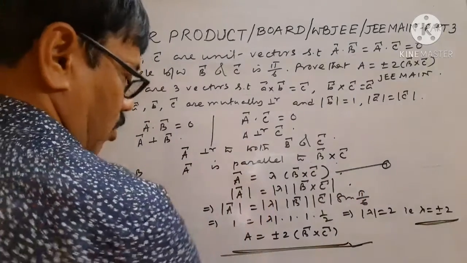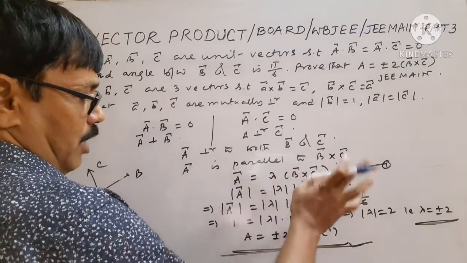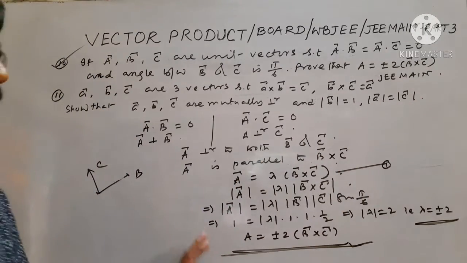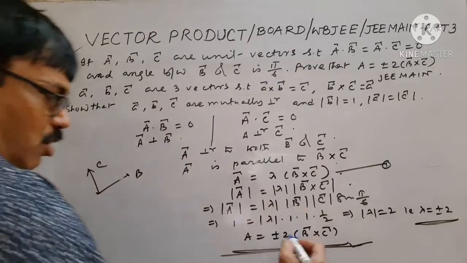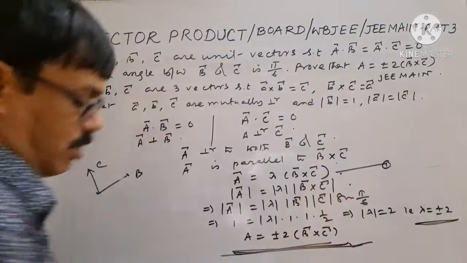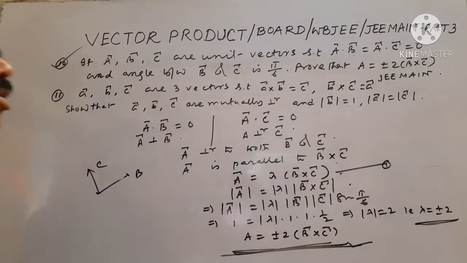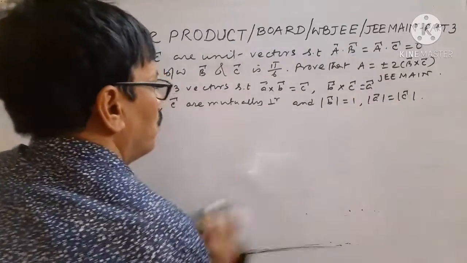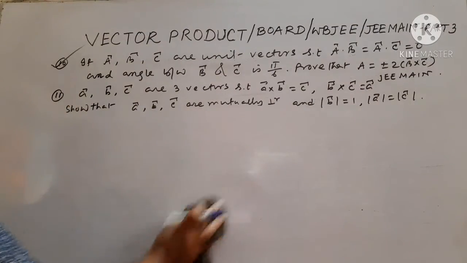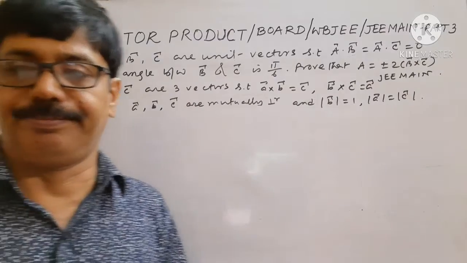So if two vectors are parallel, then we can express A equals to lambda into this. Then take modulus and use the definition of cross product. We get A equals to this. So this is also a problem of JEE Main. Now problem number 11. This is also a similar problem.